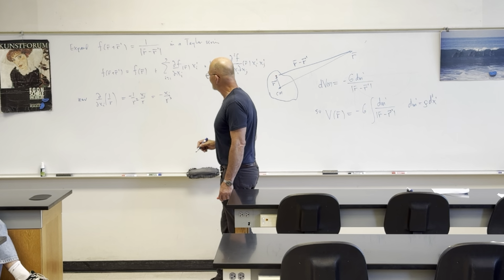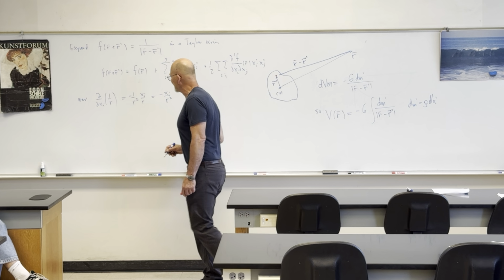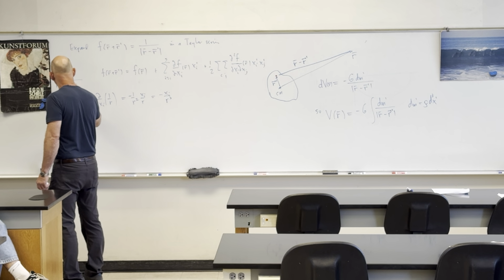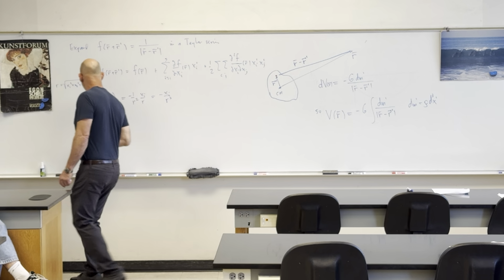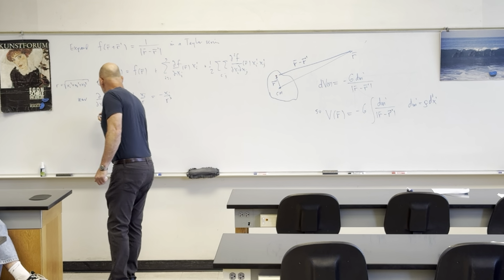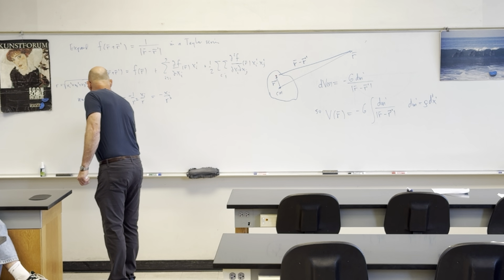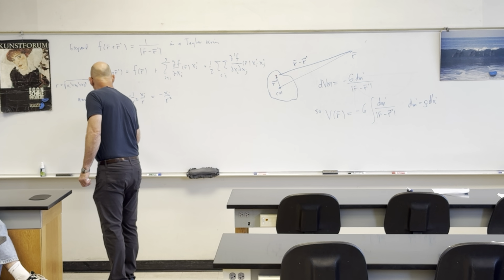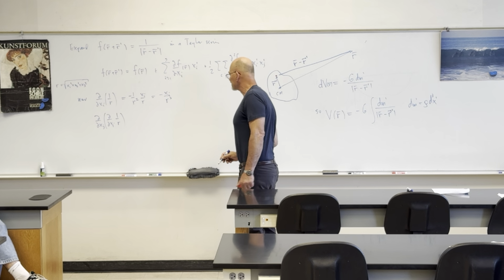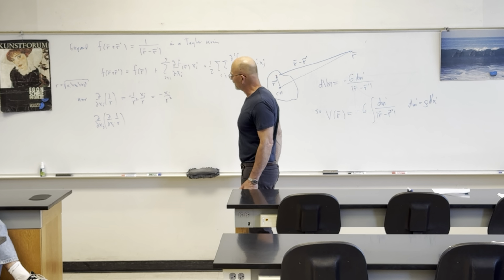Now the mixed partial is interesting, so now we have d over dxj of d over dxi of 1 over r, right? So d squared over dxj dxi, or dxi dxj, same thing.